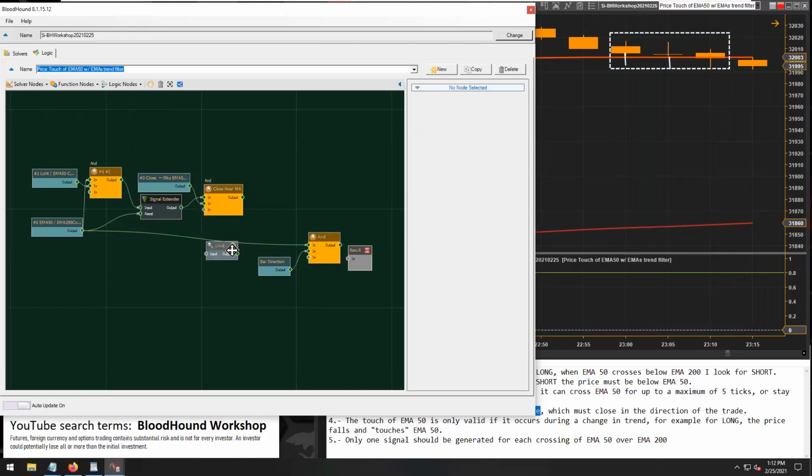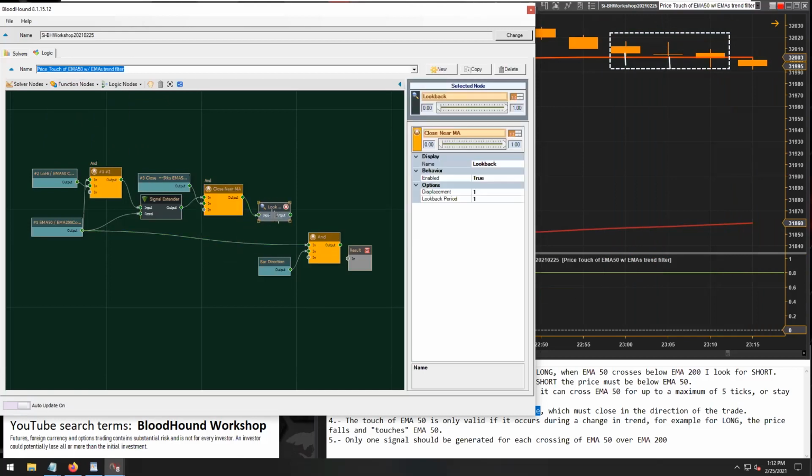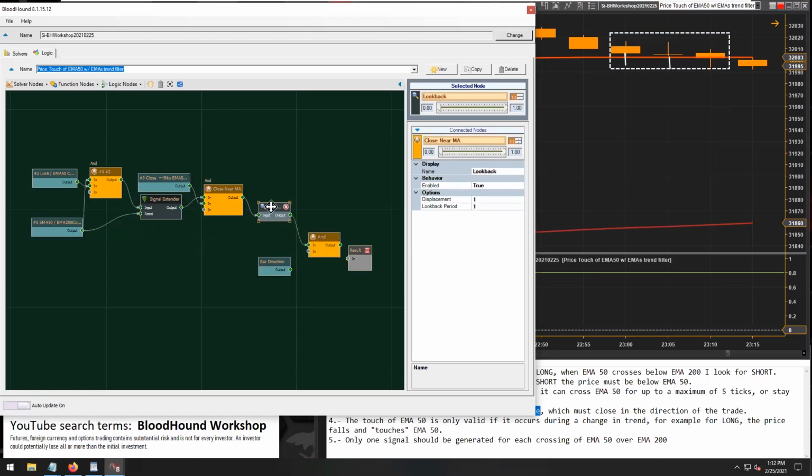Let's just use a lookback node. And let's see, a displacement. No, we don't want to use a displacement, but we do need a lookback period of 2. And we're going to use the mode minimum.